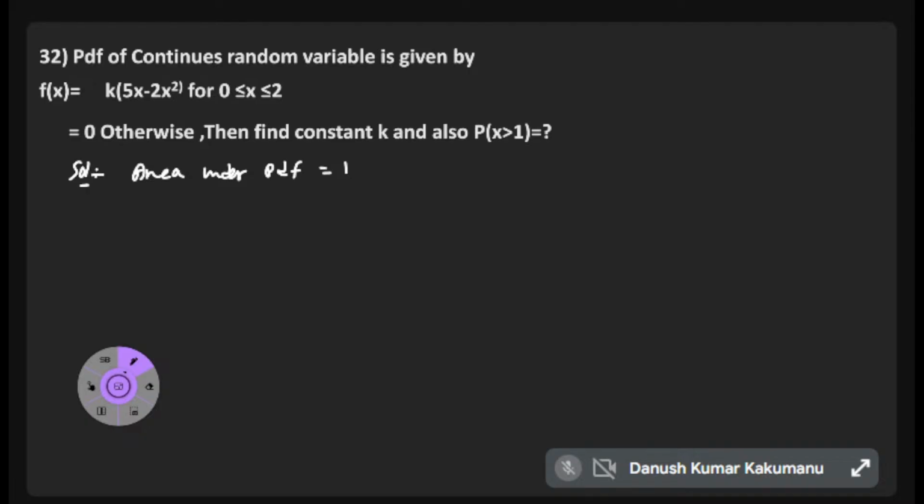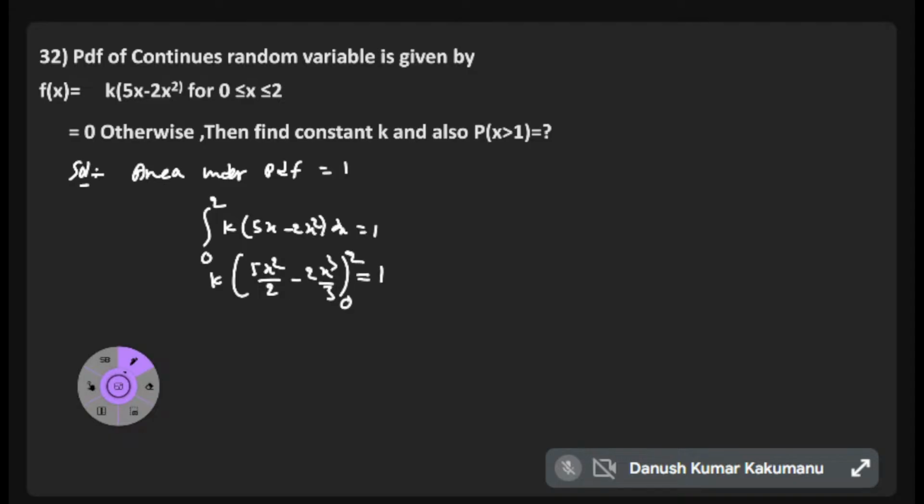What are the useful limits? Actual limits are minus infinity to infinity, but the useful limits are 0 to 2. The integral from 0 to 2 of f(x) dx, where f(x) is k(5x - 2x²), is equal to 1. That is k times (5x²/2 - 2x³/3), limits 0 to 2, equal to 1.